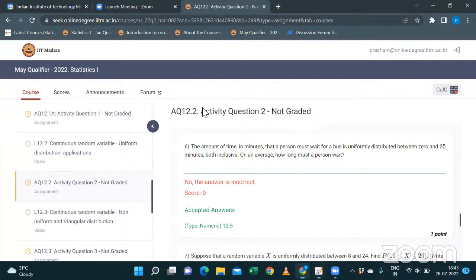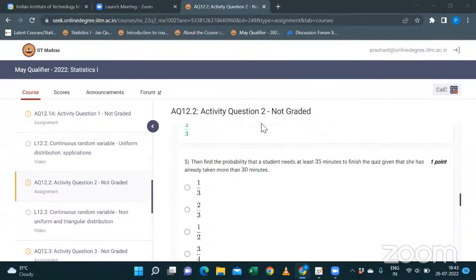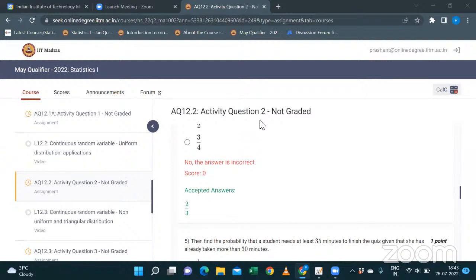Hello, sir. In one of the examples I was seeing on YouTube, it said that 10 observations of X were taken for this type of question on a continuous random variable. And the answer was that we have to take the power of 10.